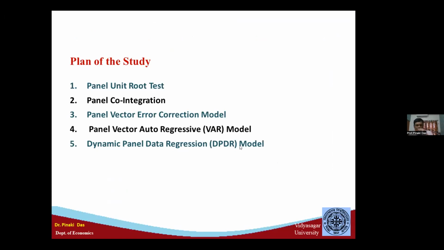Just in brief, whatever I have discussed: I am planning to discuss before you these five important theories and their application with respect to panel data. One is the panel unit root test, panel co-integration test, panel vector error correction model, panel vector autoregressive model, and dynamic panel data regression model.